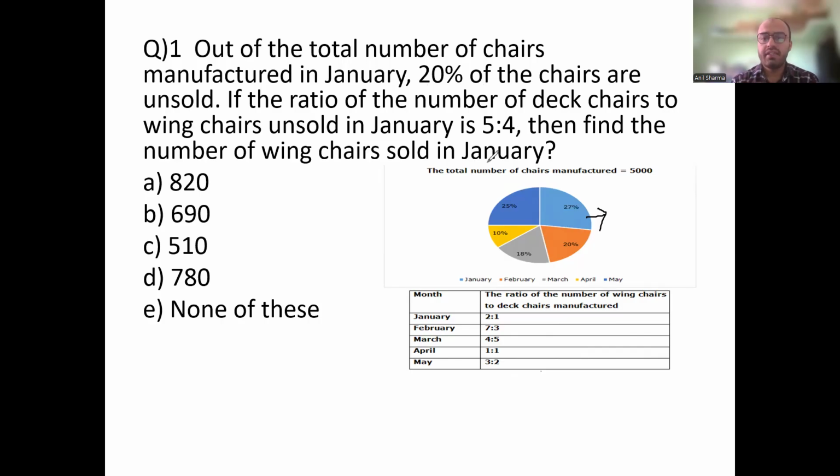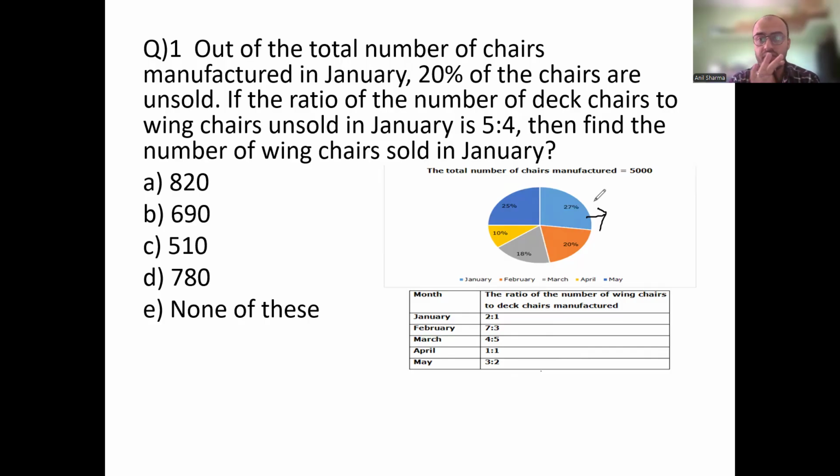Because I'm concerned about the January month only, if there are many questions, my suggestion is that you quickly calculate the percentages. Whatever trick we have done in the percentage topic will be very much helpful when it comes to this particular type of DI.